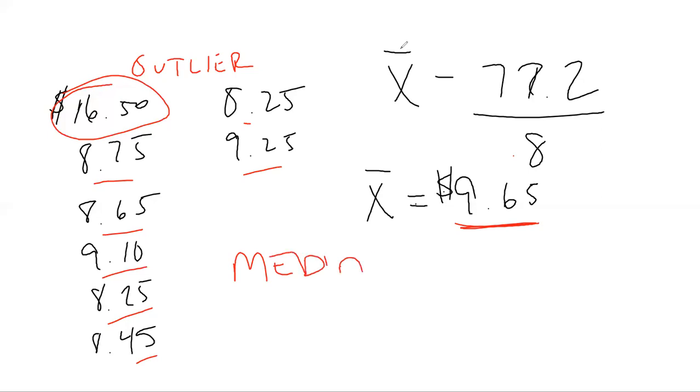All right, let's talk about the median. Now remember that for the median, we have to put them in order from smallest to largest. So let's do that. We got 8.25 and 8.25. We got 2 of those.